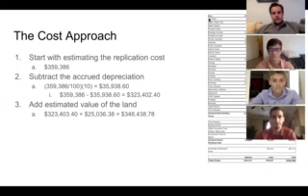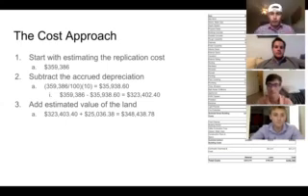And then we did the cost approach, and with the cost approach, we wanted to start off by estimating the replication cost or replacement cost. As you can see on the right is the data for the estimation of the price. After that, we wanted to subtract the accrued depreciation from the property, which we assumed a 100-year useful life.